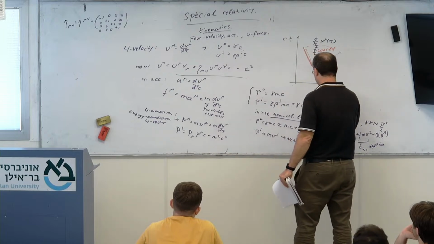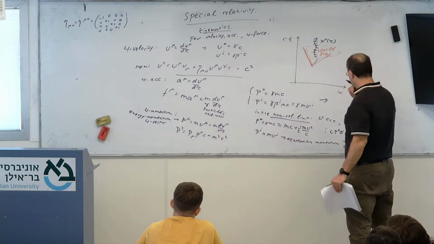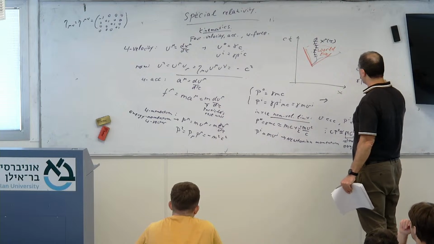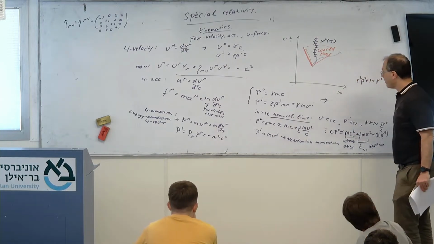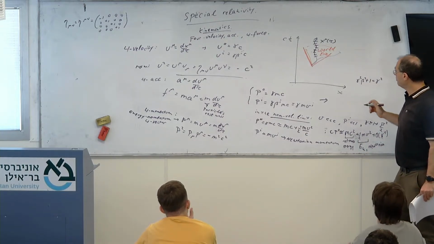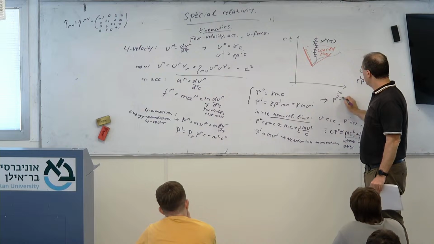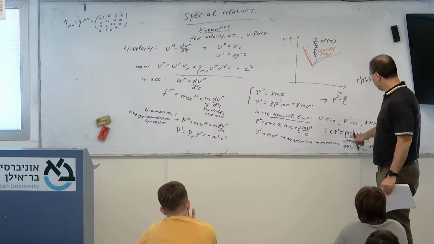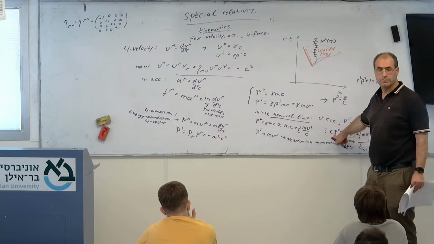And then, using that, gamma squared beta squared plus 1 is gamma squared. So if we call p^0 is E over c. From here, cp^0 has the units of energy.